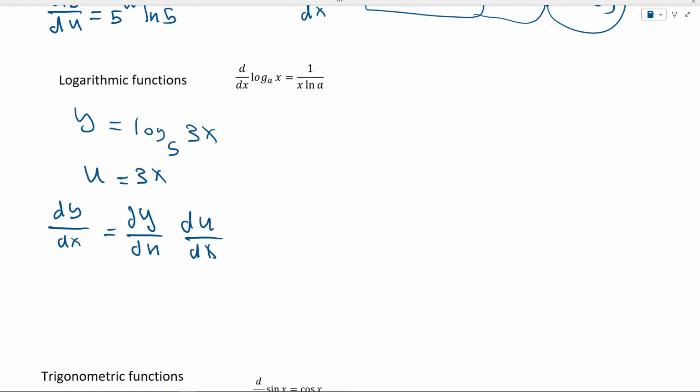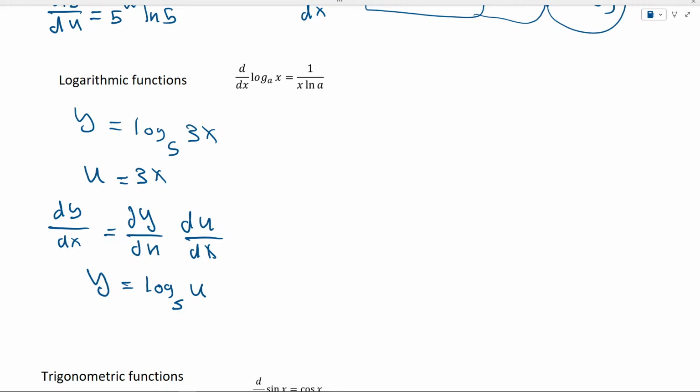So let's do dy over du. Let me write my new function now: y is equal to log base 5 of u.